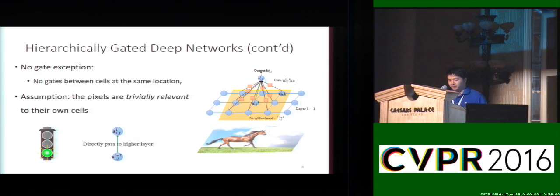On the other hand, we do not apply gating to the memory cells at the same location, because the pixels are trivially relevant to their own cells. So there is no gate between the cells belonging to the same location.